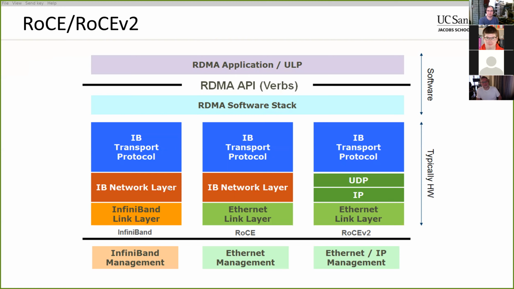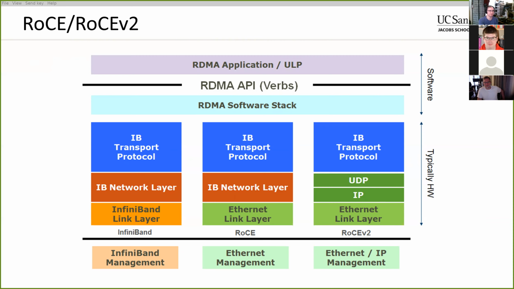For InfiniBand, we have the InfiniBand network layer, the InfiniBand link layer, and then InfiniBand network management. For RoCE, you replace the link layer with the Ethernet link layer, and then we use Ethernet management. You manage it just like you would an Ethernet network. And then for RoCE v2, the IB network layer, which is the GRH, is replaced with IP and UDP.